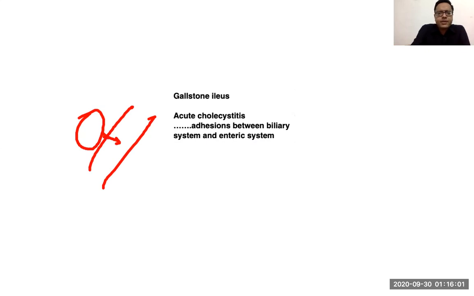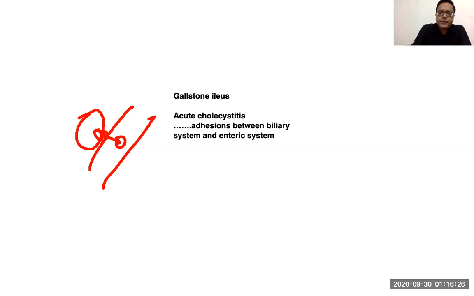There's an erosion there, and these gallstones come into the intestinal lumen. How does it happen? By formation of a fistula. So this is the first part of the story, that an acute cholecystitis is required.